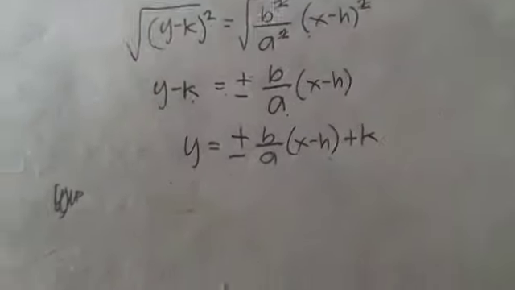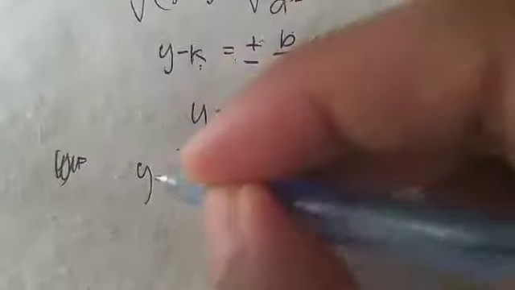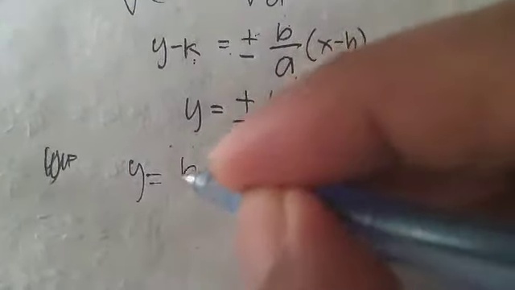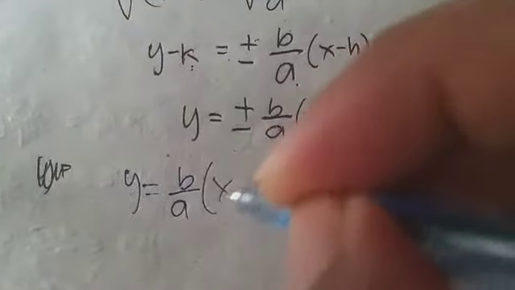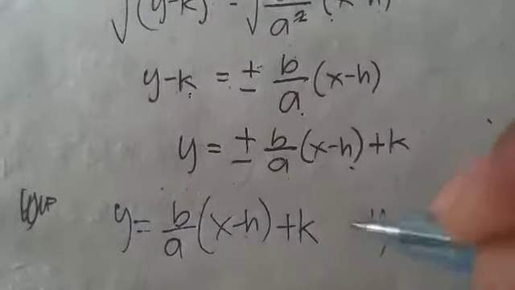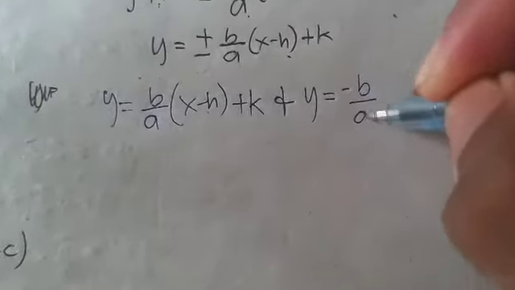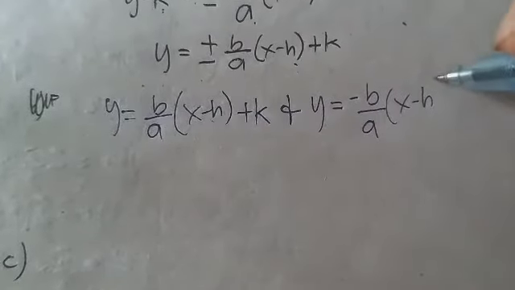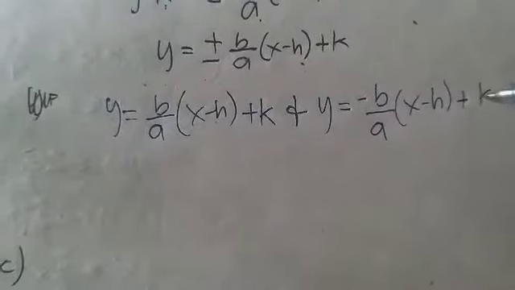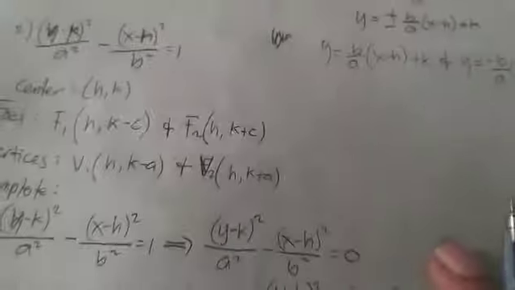It means mao ni ato ang value ni y. Y equal to b over a times x minus h plus k, and y equal to negative b over a times x minus h plus k. Okay, later on ako na ipakita nga example.